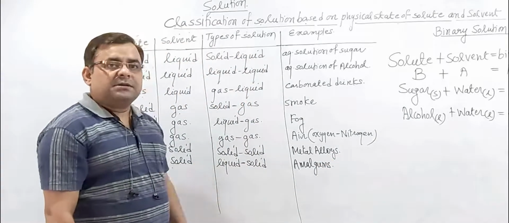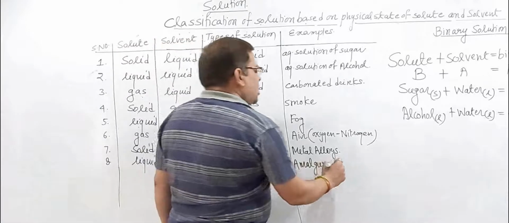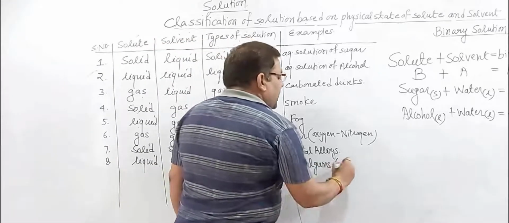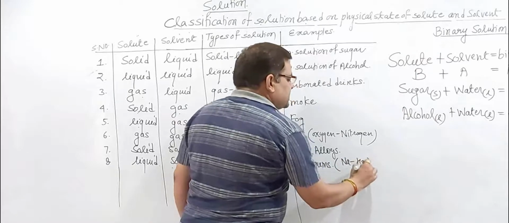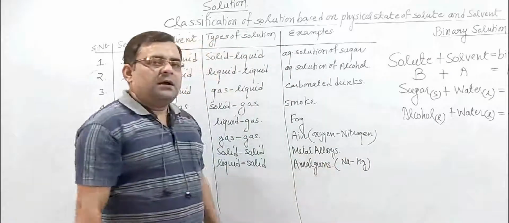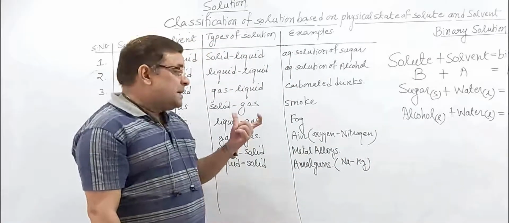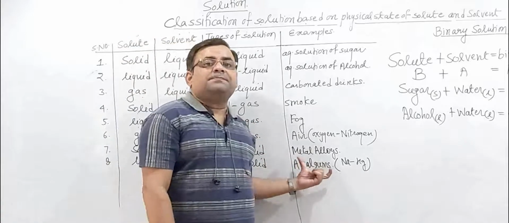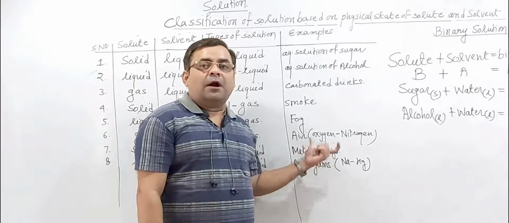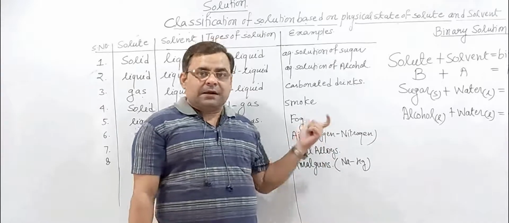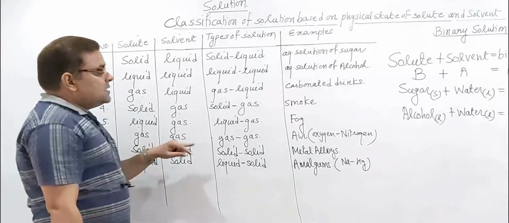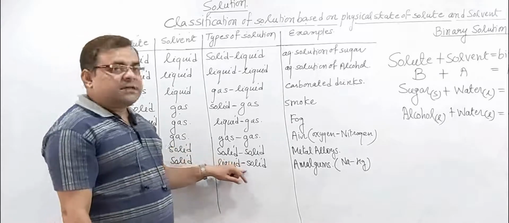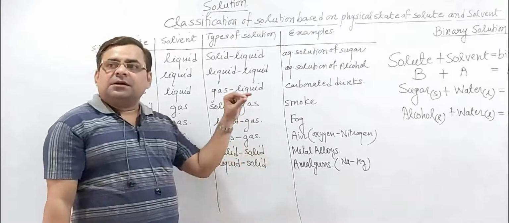What are amalgams? Amalgams are alloys of any metal with mercury, like NaHg, sodium amalgam. If we mix mercury with any metal, it gives a specific type of alloy, and these alloys are called amalgams. These amalgams are good examples of a binary solution in which solute exists in liquid state while the solvent is present in solid state.